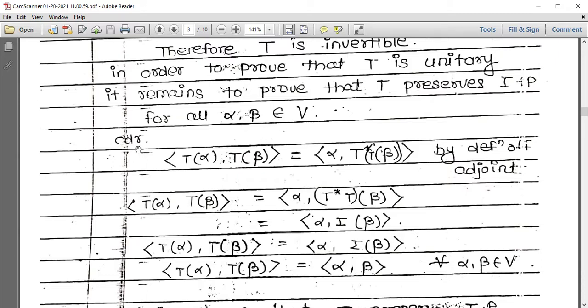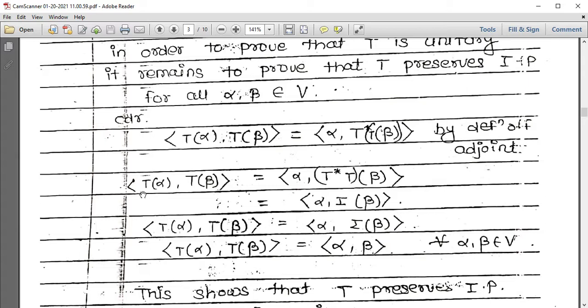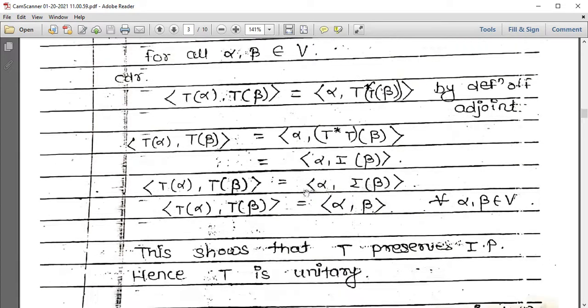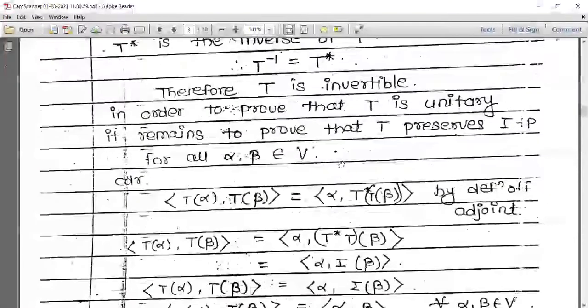Now consider the inner product of T alpha, T beta, which is equal to the inner product of alpha and T star into T of beta, by the definition of adjoint operator. But T star into T is equal to I, from the above equation.